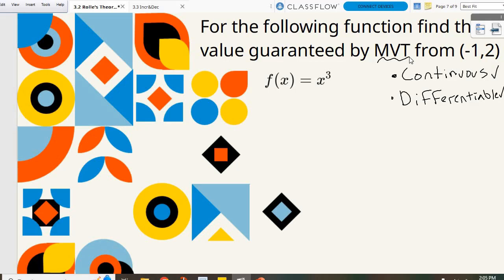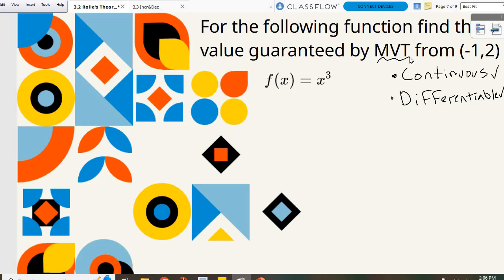For our MVT, what are the two things that your MVT is about? We have two things, one on the left, one on the right. We labeled them. Those are the two things that we are about: the instantaneous rate of change and the average rate of change.